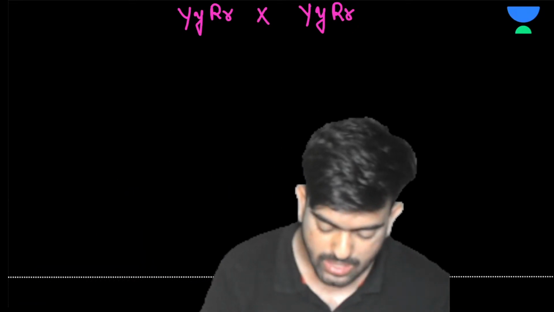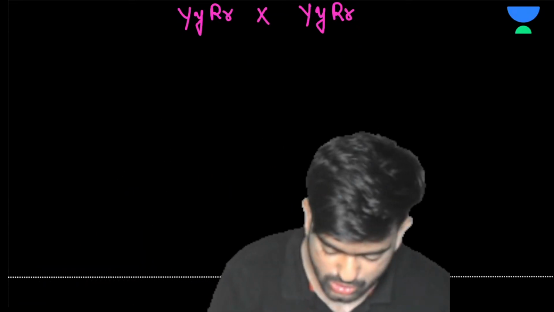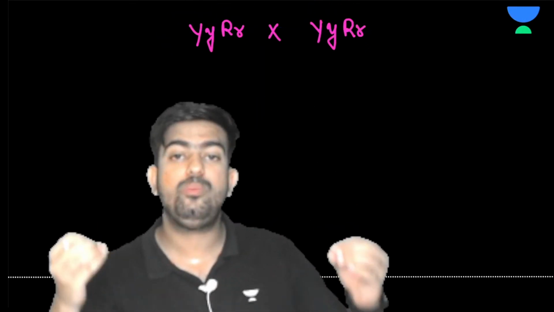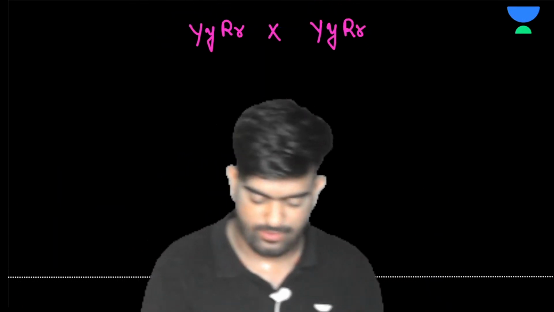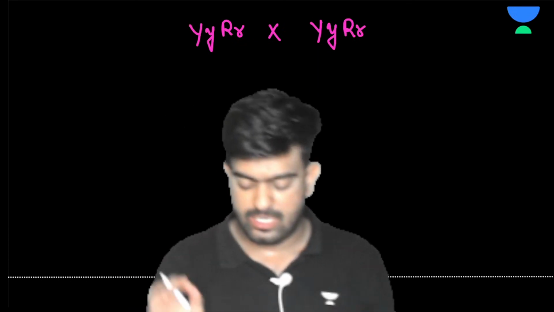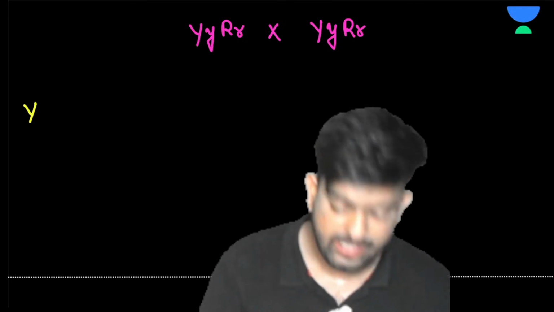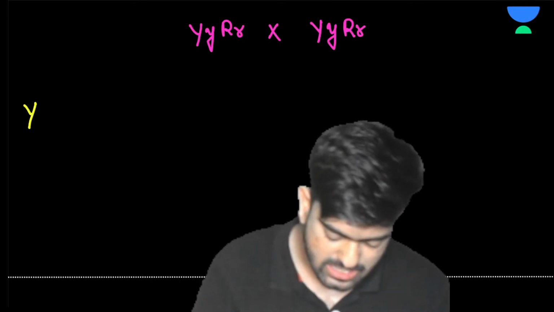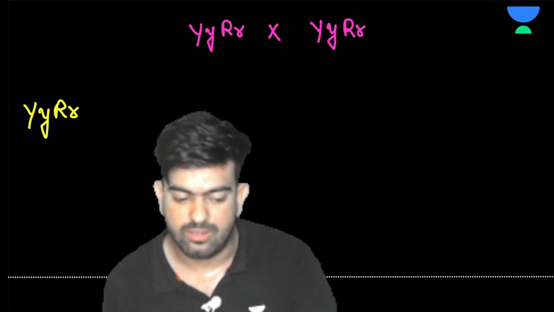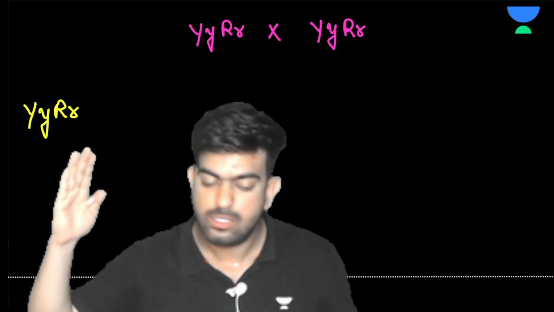And then we are going to see how they form the gametes and how much progeny they are going to have. Now let's make the gametes. How are you going to make the gametes? With the help of the fork line method as discussed. So here we have capital Y, small y, capital R and small r.